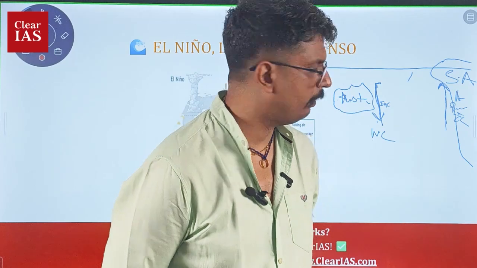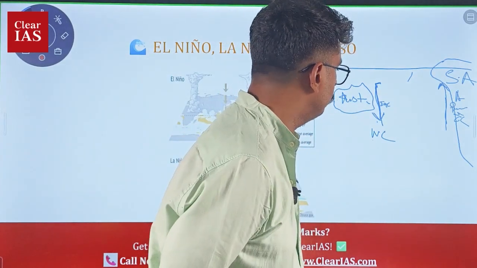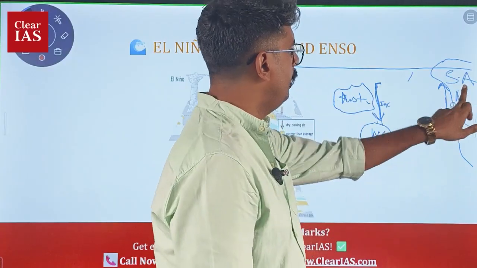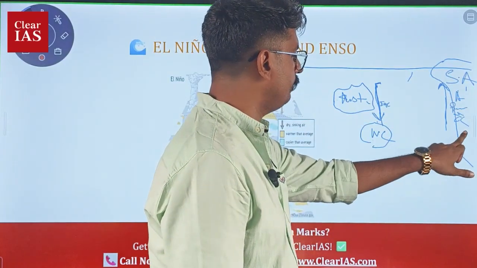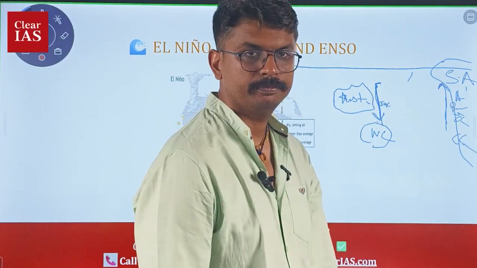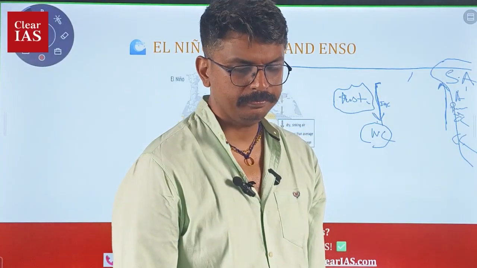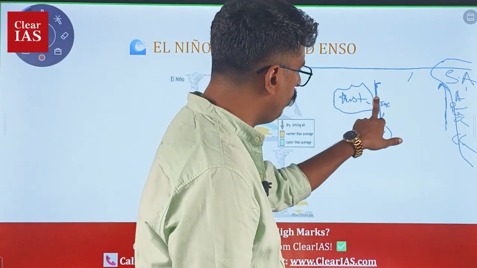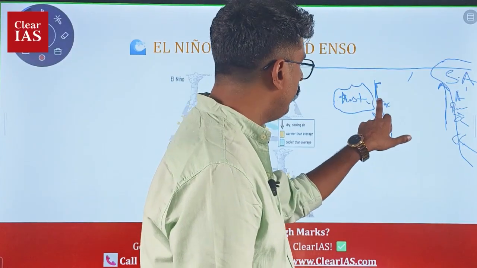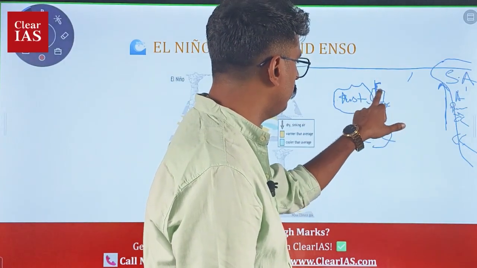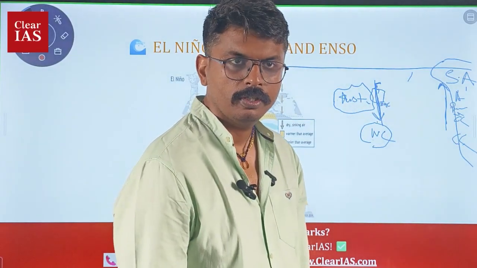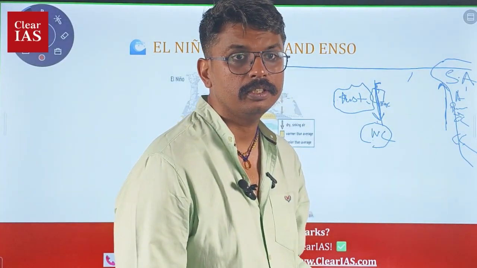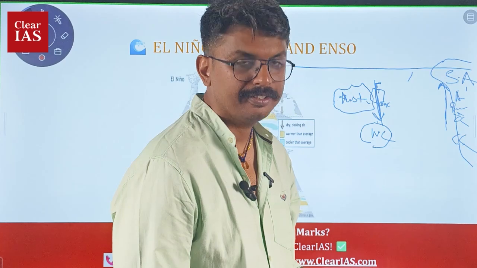Can you hear me, online friends? So, Australia, we have the warm current, and South America, we have the cold current. Clear? Now, you tell me, if a warm current is flowing from this area, it will heat the nearby water. Yes or no? So what will happen if the water gets heated? Air will rise.